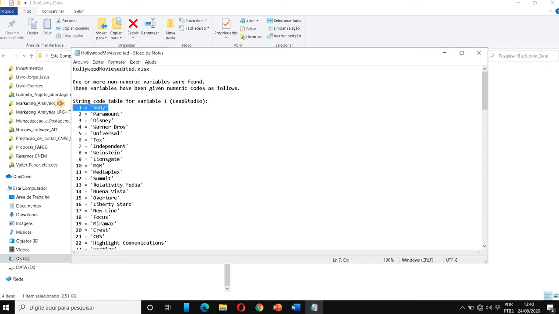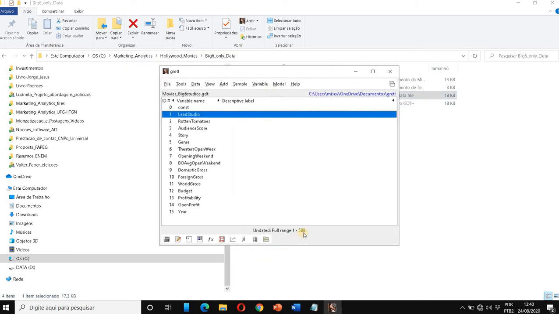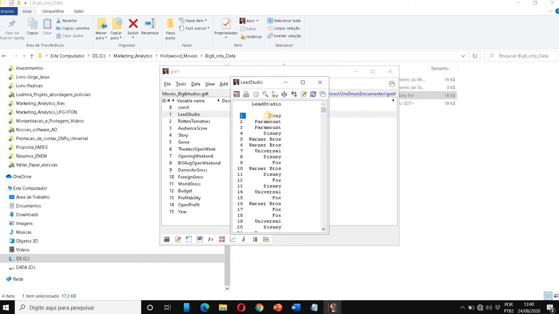And the value 1 is for Sony, the value 2 is for Paramount, and then Disney, Warner Bros., Universal, and Fox. I'm going to open the data set. So this is the data set. We have a bit more than 500 cases, and if I double click, the movie number 1 was filmed by Disney, the second and third ones were filmed by Paramount, and so forth.